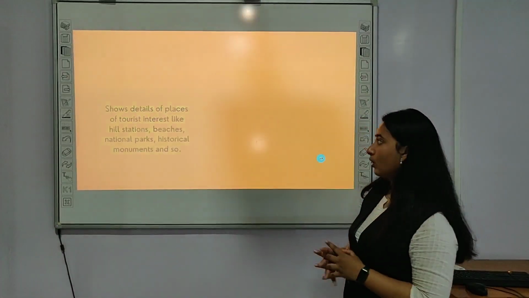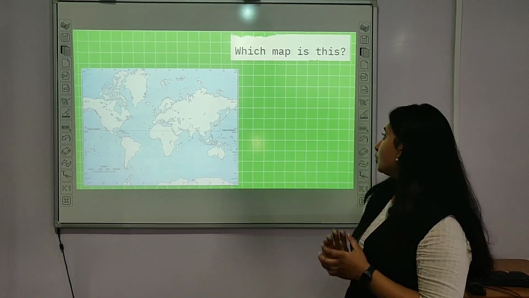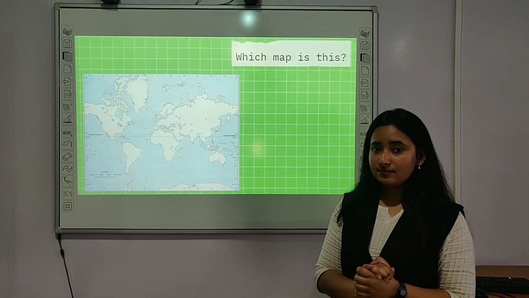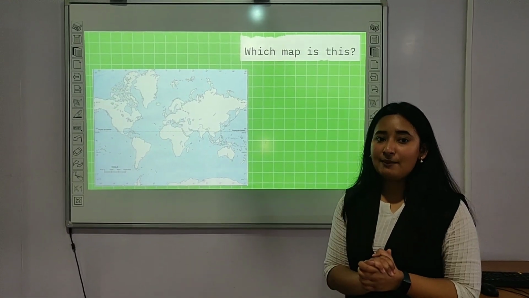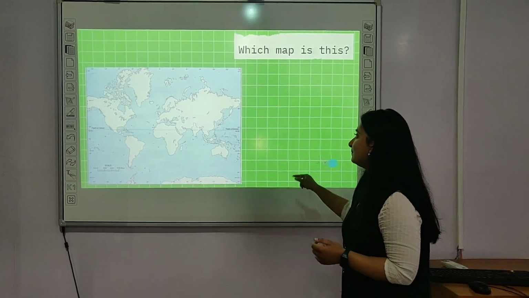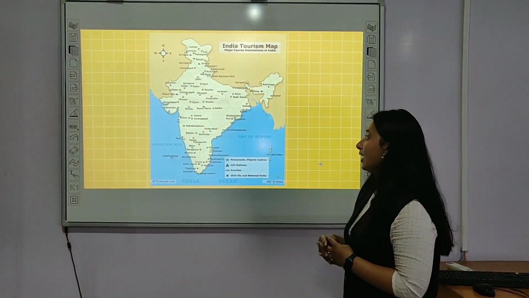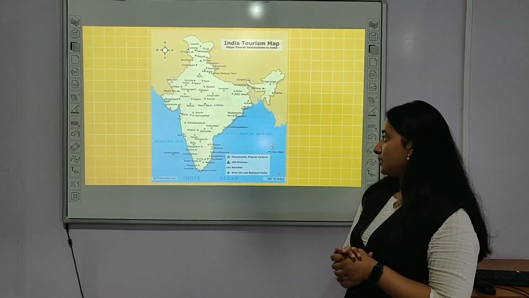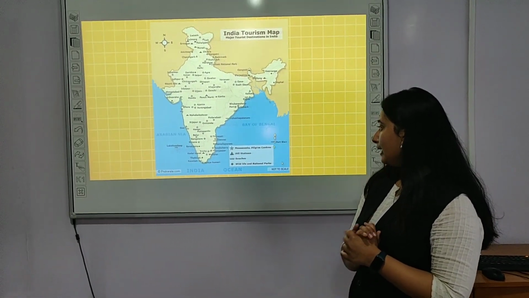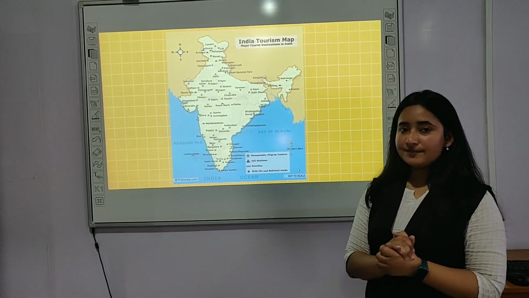Now let's have a small quiz. Can you guess which map this is? It is a physical map of the world. Now here we can see the tourist map. So can you name any two hill stations?